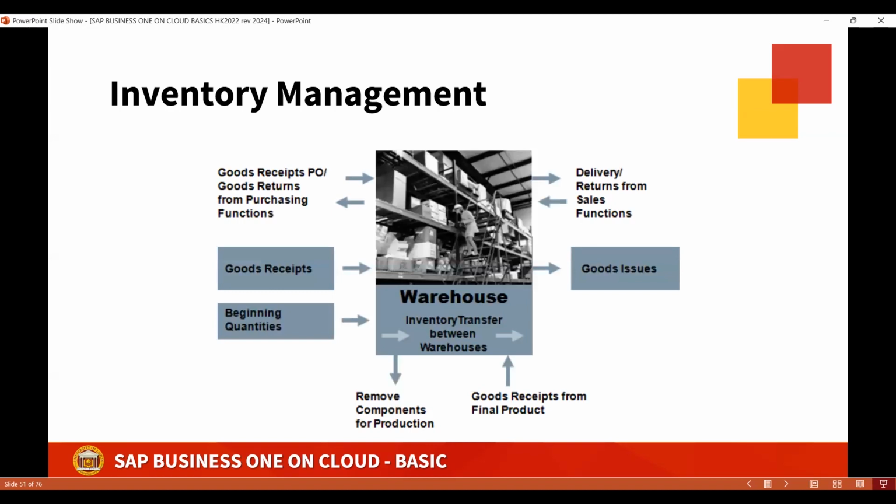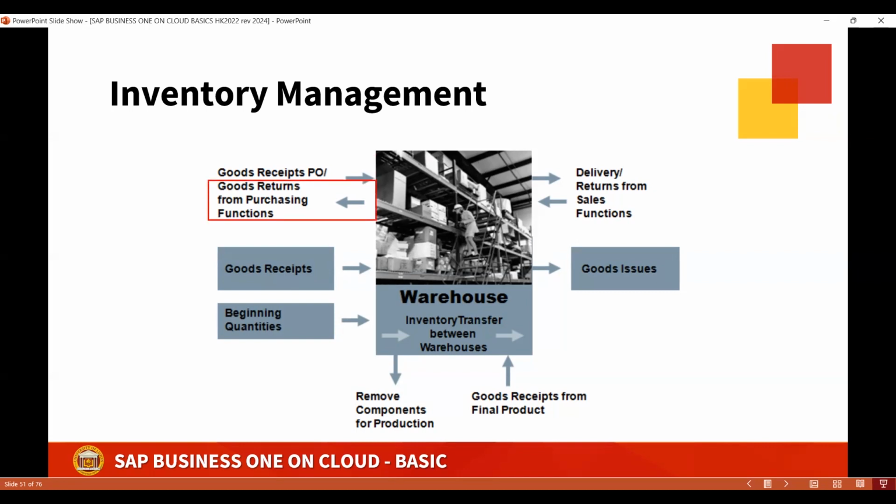So going back to this particular image, what happens? Let's start with the goods receipt purchase order. Again, when using that particular document, it increases the level of our inventory. Why? We enter goods in our inventory.